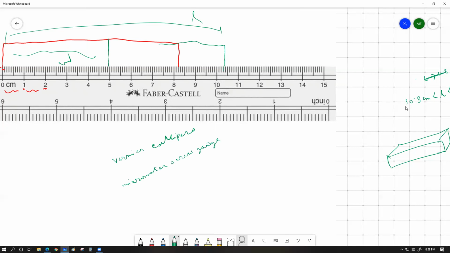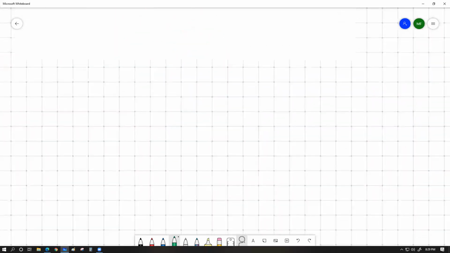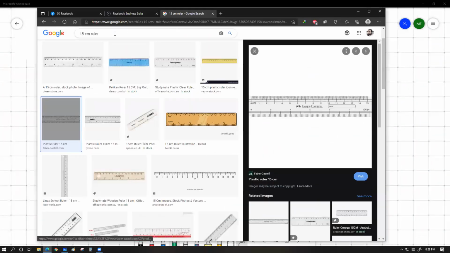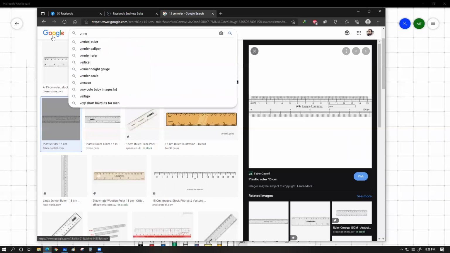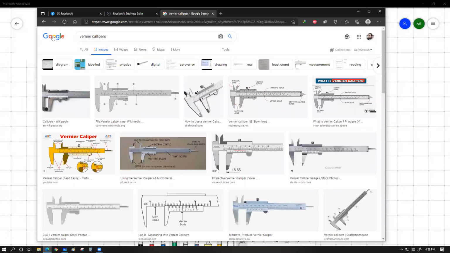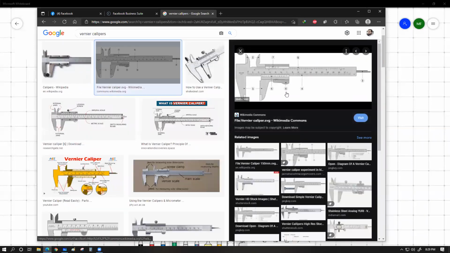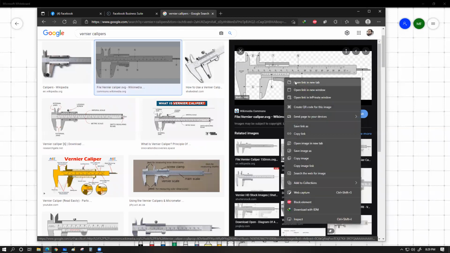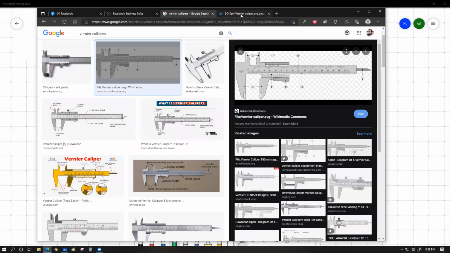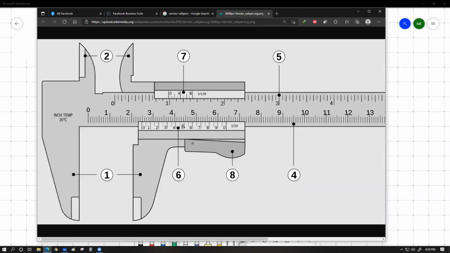First I'm going to explain Vernier calipers, then I'm going to go for the micrometer screw gauge. Vernier calipers look like this. The typical Vernier calipers that you will be using in your exam, which is most common, is like this.